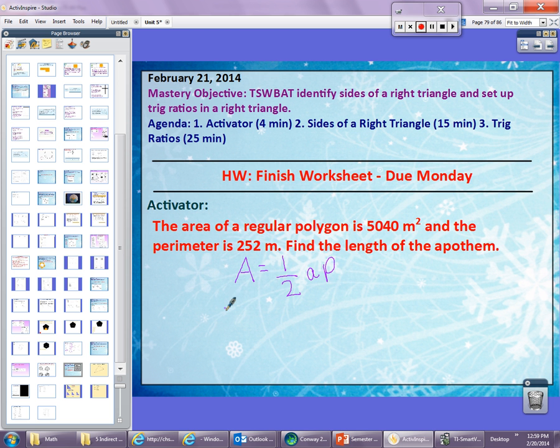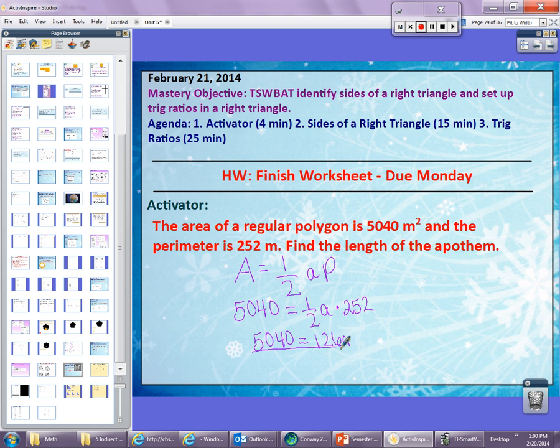Okay, so you should have had enough time to work on this problem. For the area, you're going to plug in the 5,040. You're going to keep the 1/2. You're looking for the apothem, and your perimeter is 252. The easiest way to solve this problem is to take half of 252. If you take half of 252, you get 126 times the apothem.